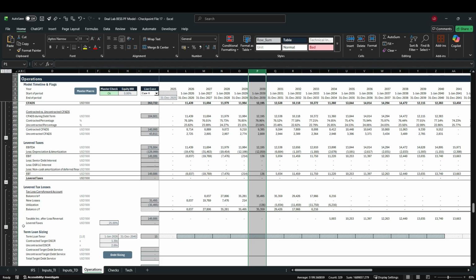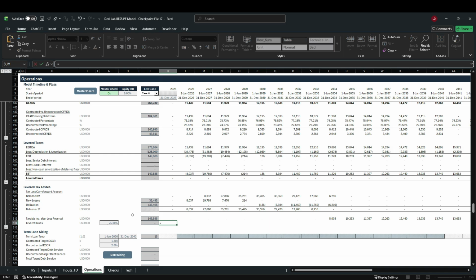And then we can calculate our actual levered taxes, since we now have a taxable income which reflects our tax losses carried forward. And that is going to equal, taxes are a cash outflow, so we want to make sure they're modeled negative, minus our taxable income times our tax rate in G514. Hit F4 1, 2, 3 times.